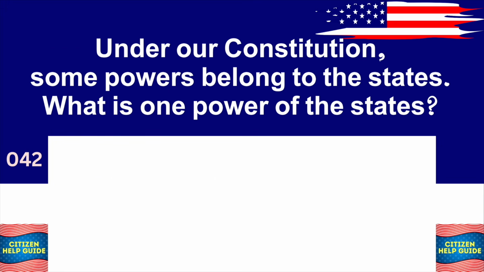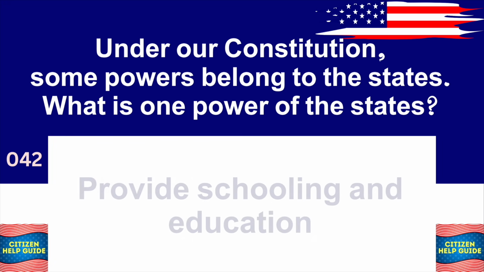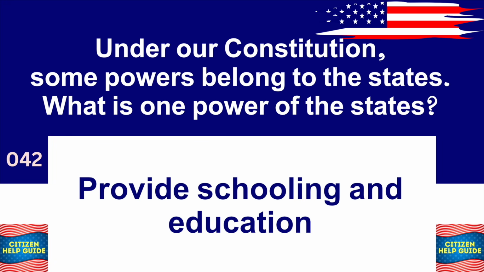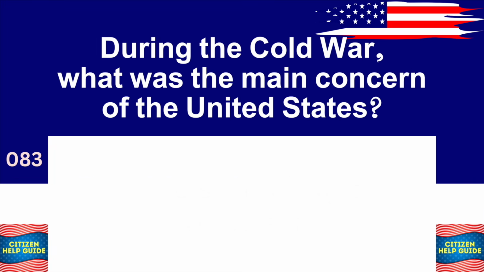Under our Constitution, some powers belong to the states. What is one power of the states? Provide schooling and education. During the Cold War, what was the main concern of the United States?